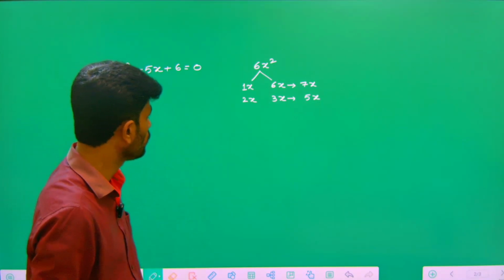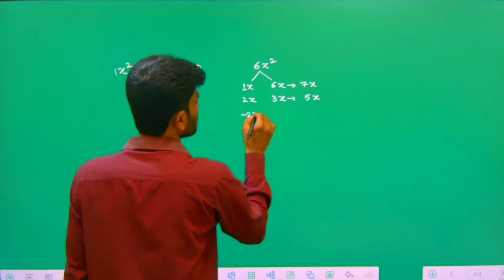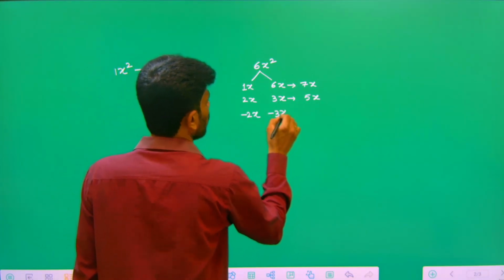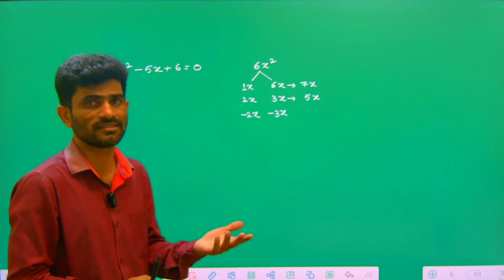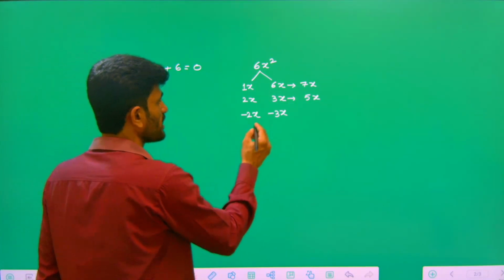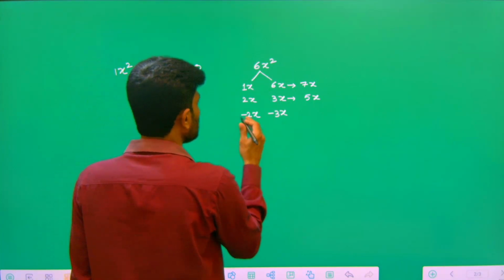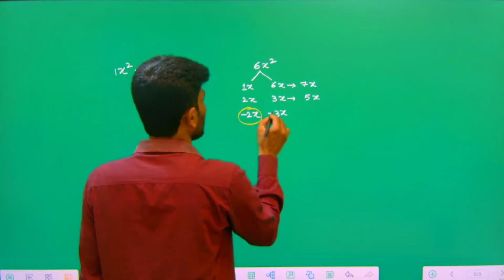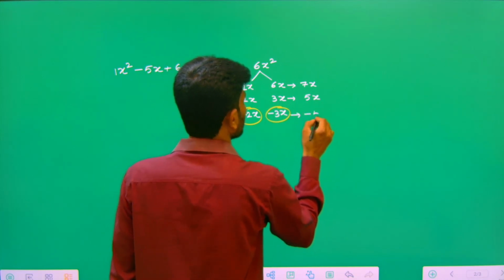So what we need to do is take another set here, minus 2x, minus 3x. Observe here, if you multiply both, minus into minus is plus, minus 2x into minus 3x is 6x square, and when you add these two, minus 2x and minus 3x, we get minus 5x.